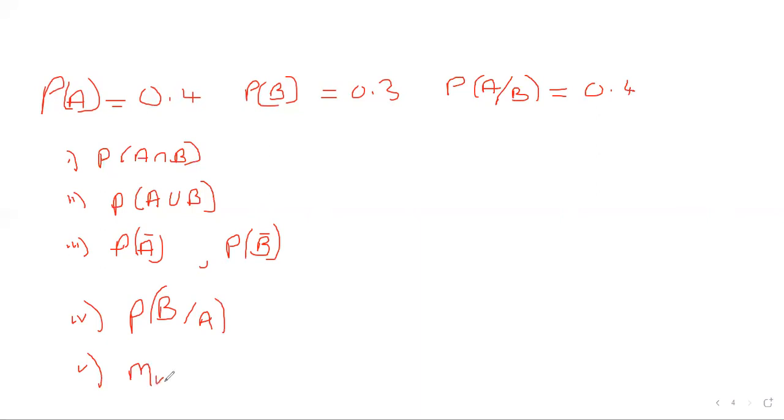Mutually exclusive or independent. So in that order, I'll give you 5 minutes. You try. Are they mutually exclusive or they're independent? So try. I'll give you 5 minutes to work that out.